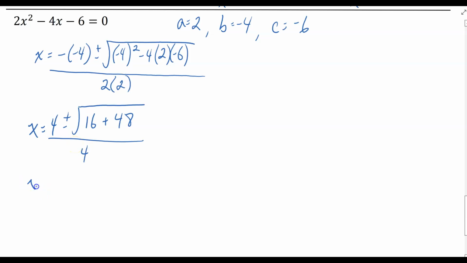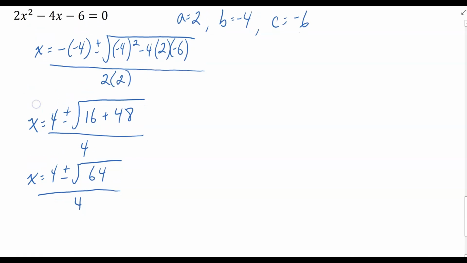Okay, keep going. X equals 4 plus or minus the square root. 48 plus 16 is 64. Another perfect square. Okay, and this is over 4. And so let's move on up here.